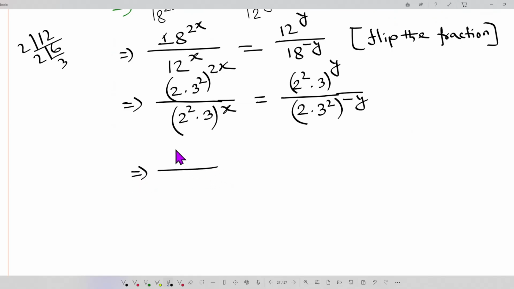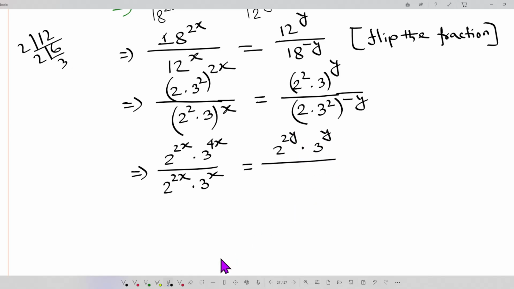Now 2 to the power 2x times 3 to the power 4x, and here 2 to the power 2x times 3 to the power x. The same thing also here, 2 to the power 2y times 3 to the power y. Here is also 2 to the power minus y times 3 to the power minus 2y.